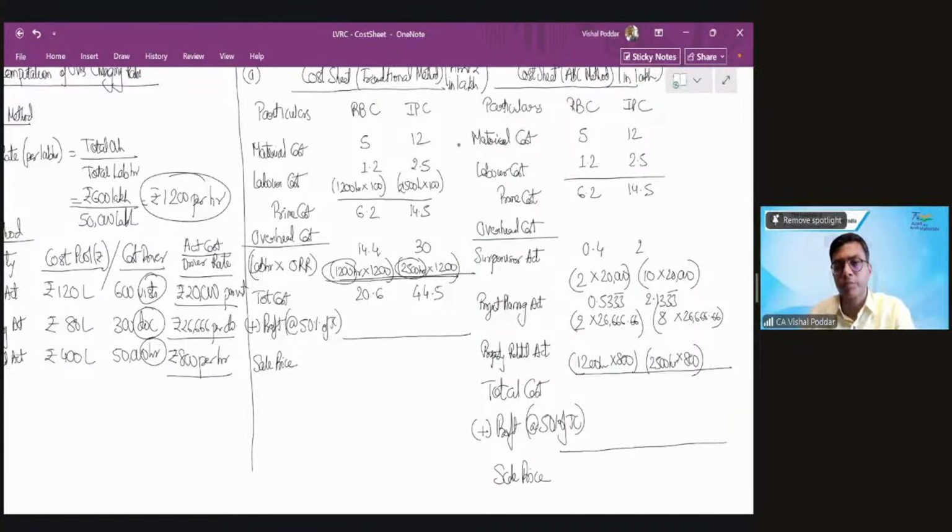Yes. Then this is 9.6 lakhs and this is 20 lakhs.